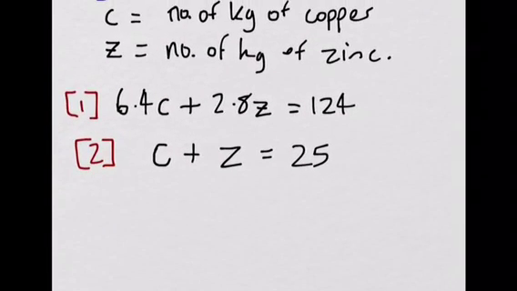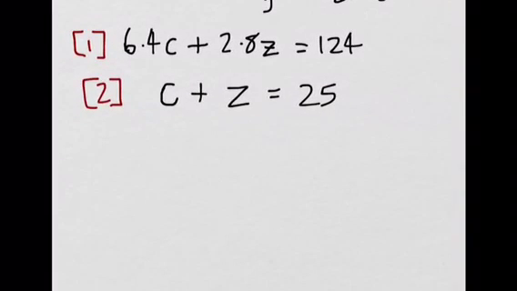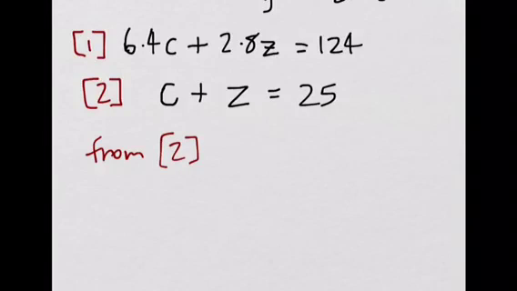If you want, you can pause now and try to work out the answer. I'll give you a couple of seconds and then I'll start. Okay, let's start. I'll use my favorite substitution method from 2. C plus Z equals 25. I forgot my little Z cross there.